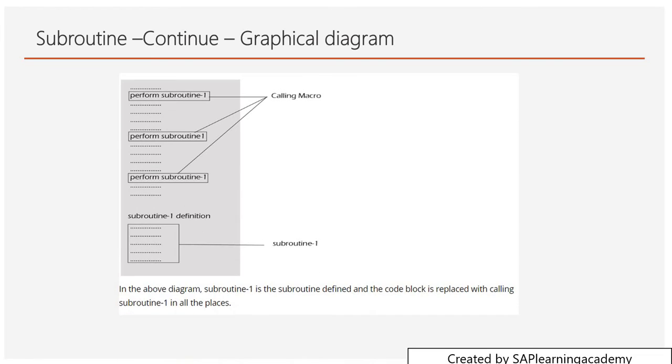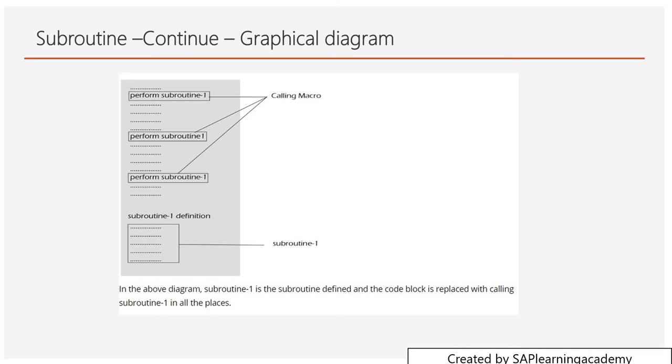Now we'll move into the graphical diagram. I tried to show you one graphical diagram of how a subroutine looks. In this picture on the slide, suppose this is a picture of a program, and we can write the subroutine anywhere in the code, between FORM and ENDFORM.